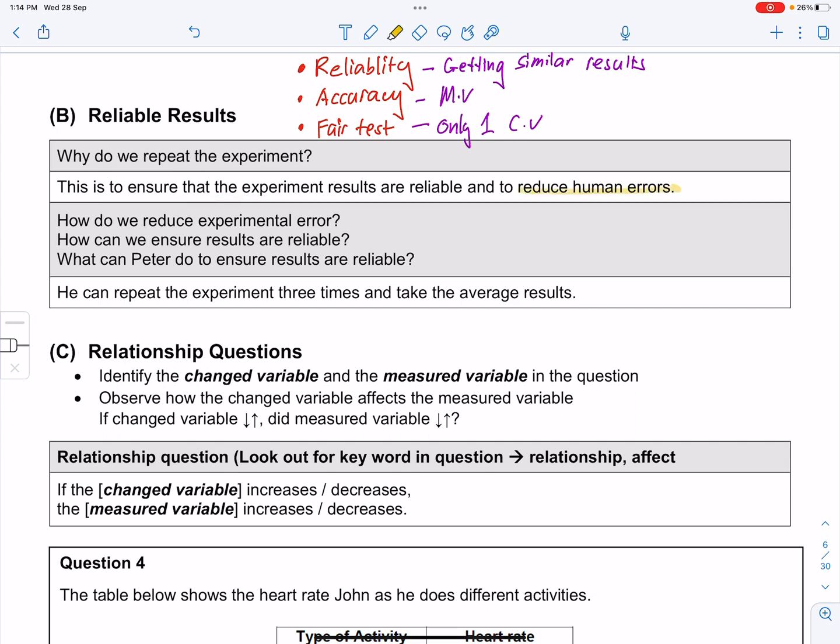So how does this work? For example, you do the experiment 3 times. Okay, you are tasked to record how fast somebody runs. The first time round, a fly came by and you got distracted. So you didn't press the stopwatch fast enough. So there's a human error. How do we reduce the impact of that?